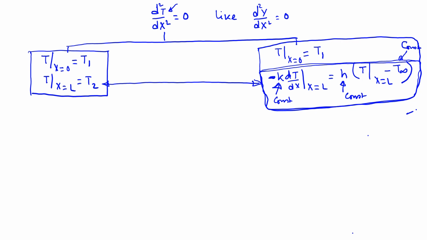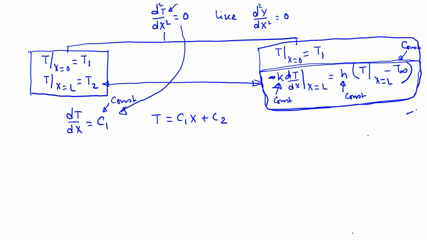So let's get going. If we solve the equation, we get dT/dx equal to C1, some constant, because the second derivative was 0, and then if we integrate one more time, we get C1 x plus C2.